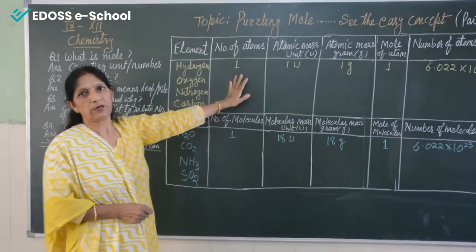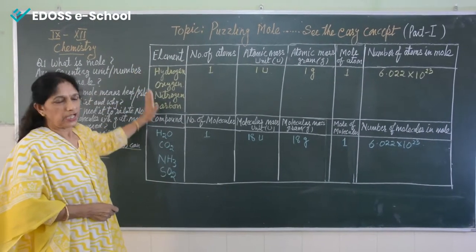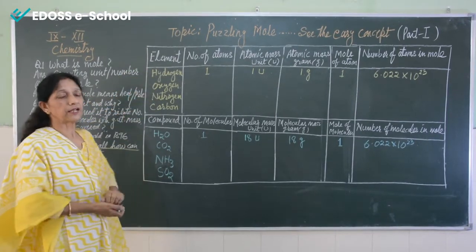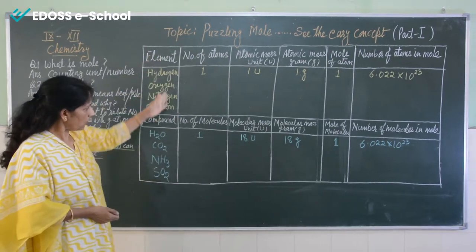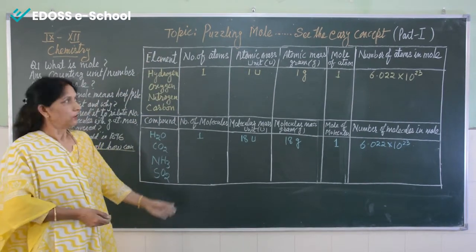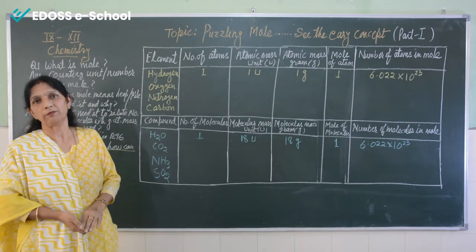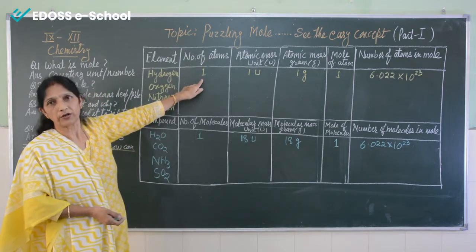To understand it, you will get all the answers in this table. Here we have the number of elements and the name of the element. I have written different elements here. There are 119 elements in your periodic table, and you can write the names of all the elements here. If I am talking about the hydrogen element, the number of atoms in hydrogen is just 1.